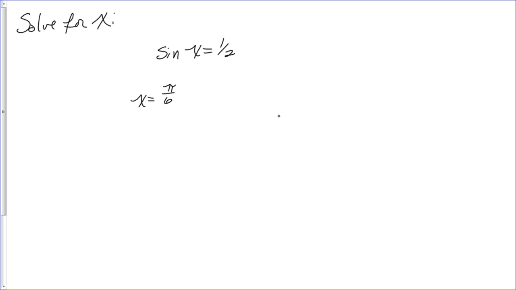Now, if you remember, sine is positive in 2 different quadrants, right? You have your grid and you have ASTC. Remember, sine is positive in both quadrant 1 and quadrant 2. If you had an angle that was pi over 6, it'd be right here, pi over 6, with your sine value of 1/2 and your cosine value of square root of 3 over 2.